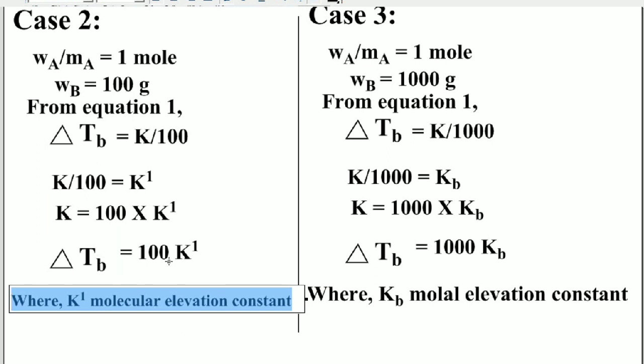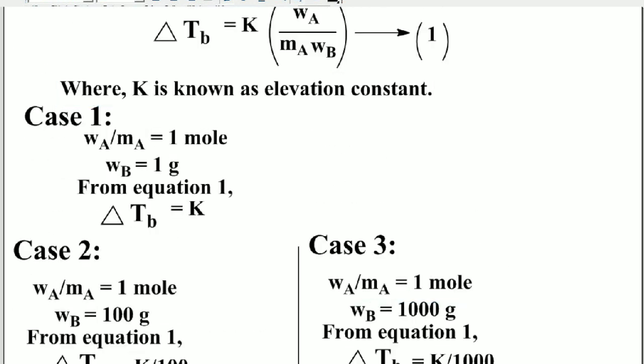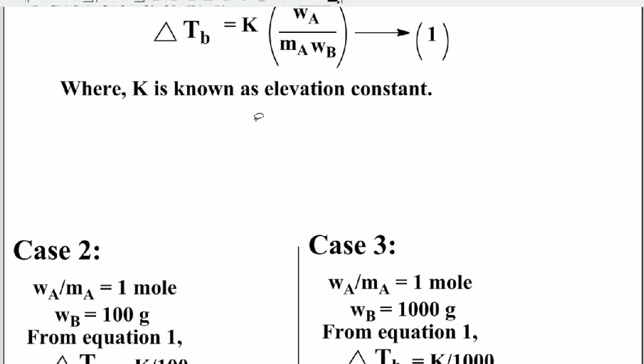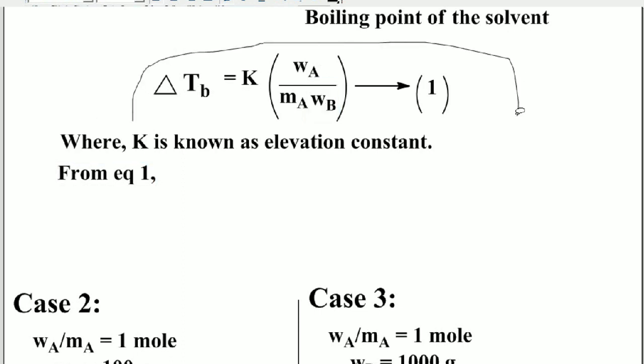So students, based on case 2 and case 3 we can write equation 1 like this. From equation 1, delta Tb is equal to K into Wa by Ma into Wb.